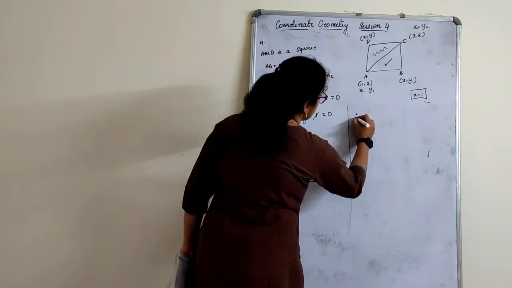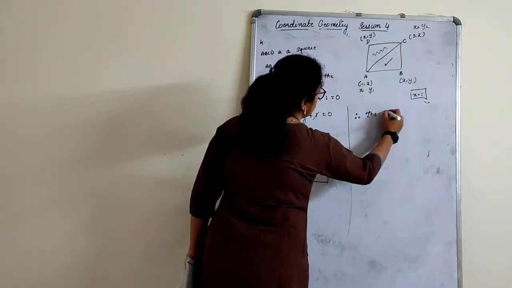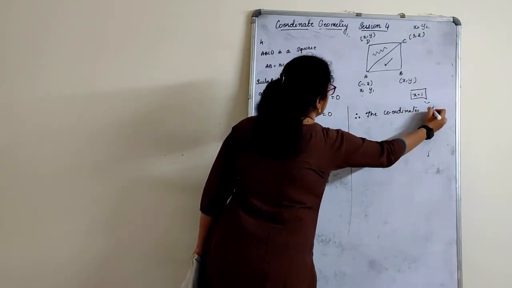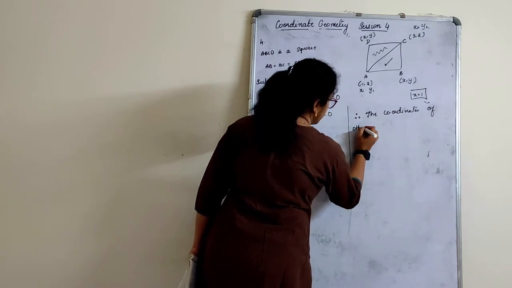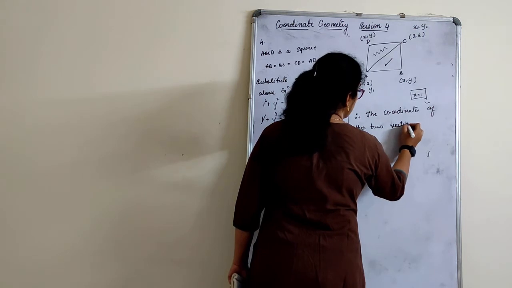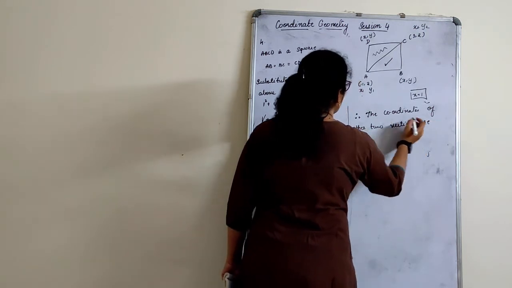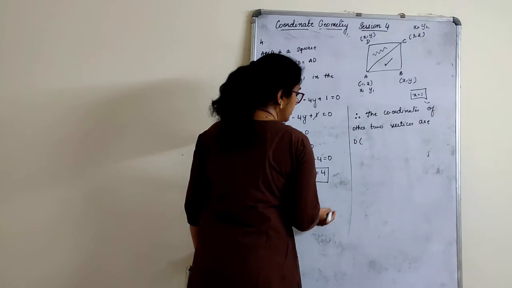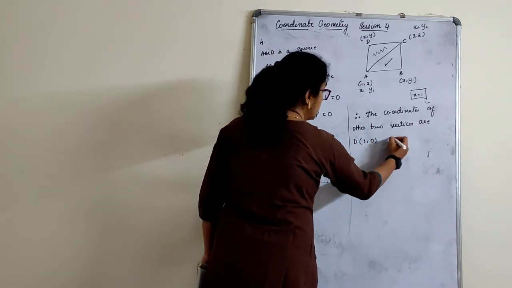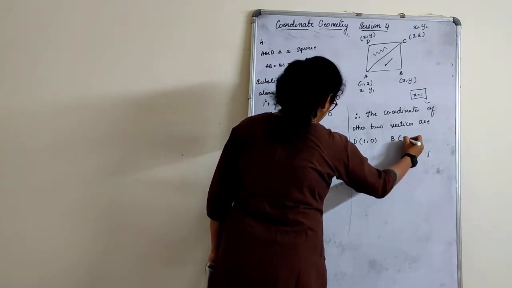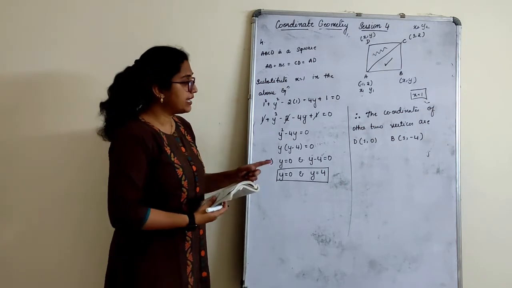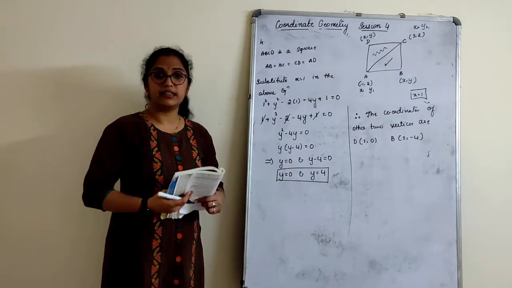Therefore, the coordinates of the other two vertices are, I take the first as D vertex here, so it can be 1 and 0. Then what will be B? B will be 1 and 4, either of them. So we got two values for y, keeping x the same.